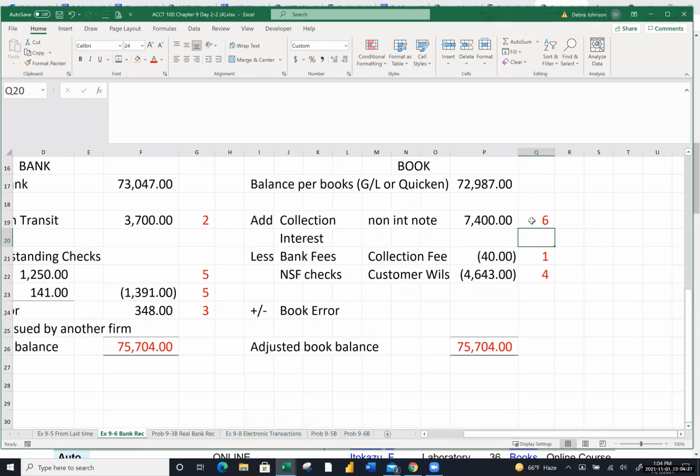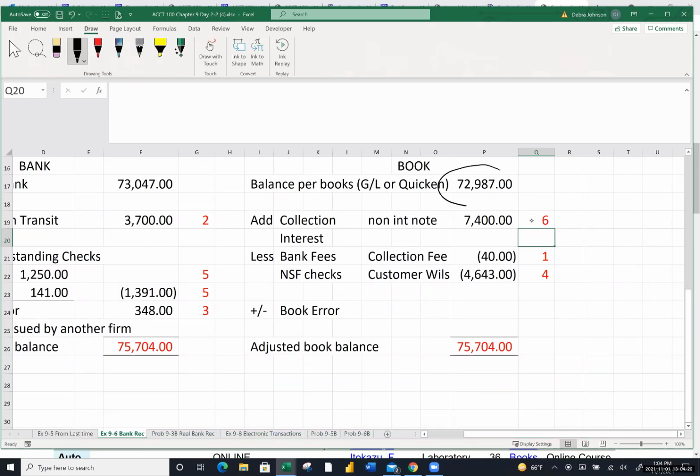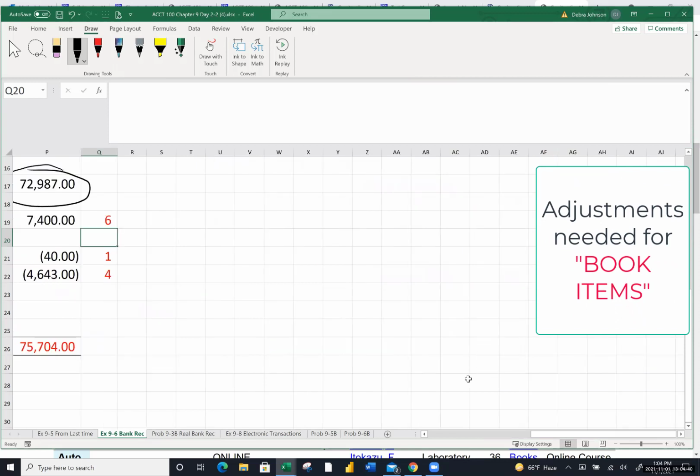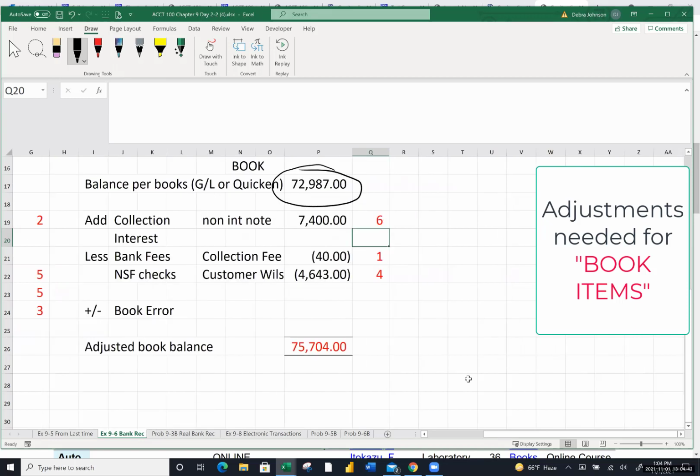All right, well, here's the last problem. This is how much is sitting in our cash account right now. And this is how much should be sitting in our cash account right now. So what we need to do are journal entries for anything on the book side. I need journal entries.